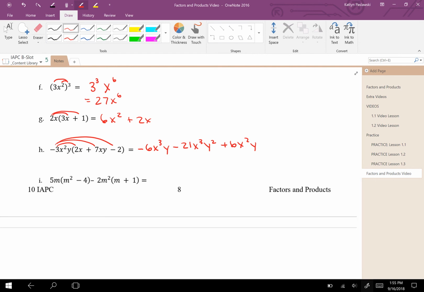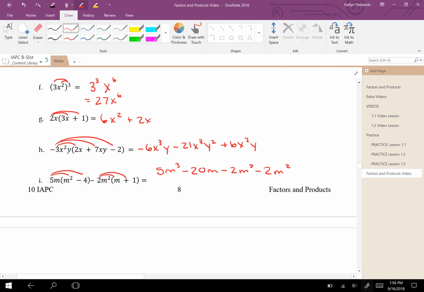Here we have a difference, so we first need to multiply through the bracket, here and here. So we have 5m multiplied by m squared would give you 5m cubed minus 20m. Subtract 2m cubed minus 2m squared.